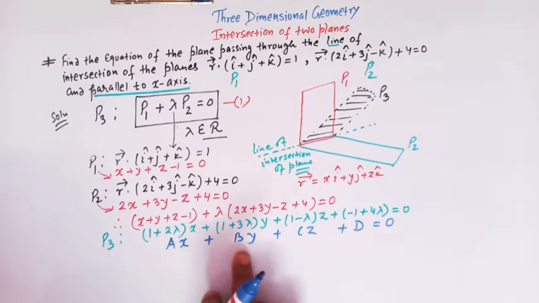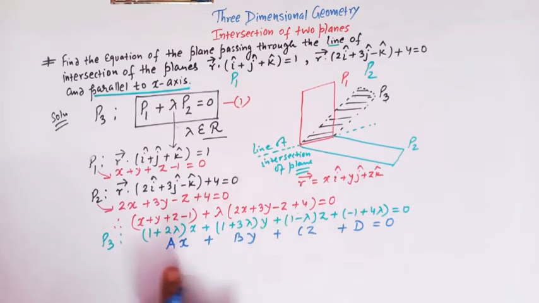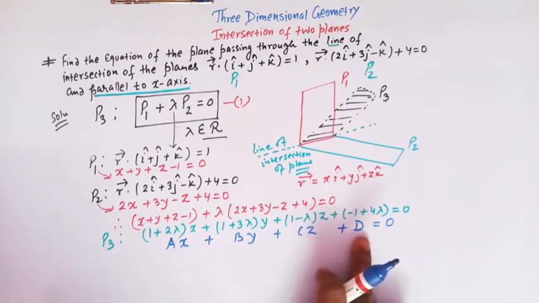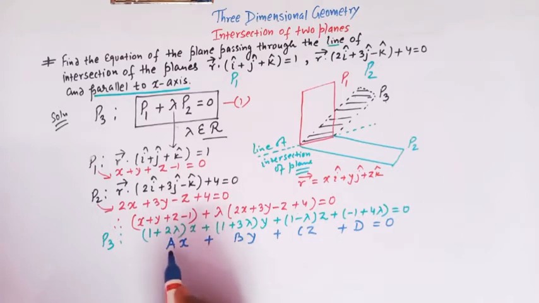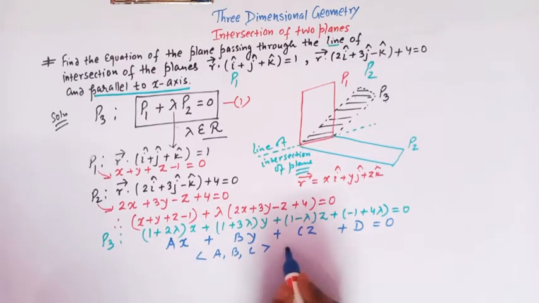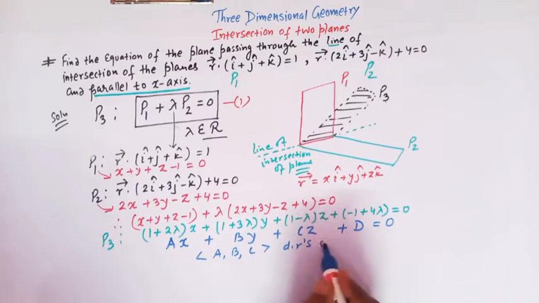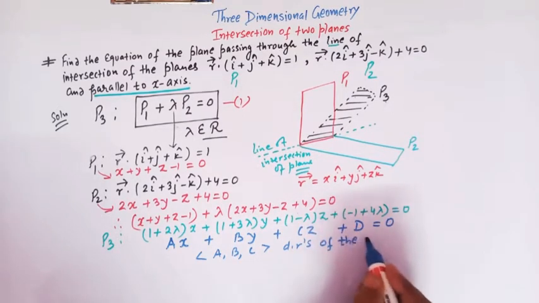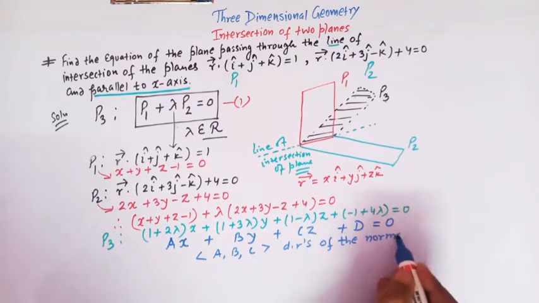So this is the standard form of the equation of a plane, and we know that the coefficients of x, y and z, that is a, b and c, are the direction ratios of the normal to the plane, right?